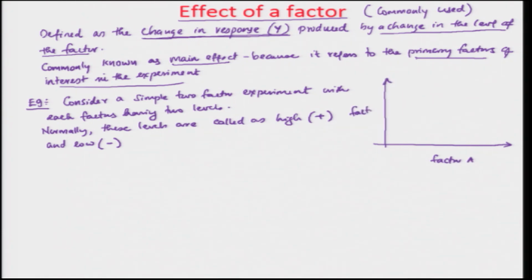This is the low of factor A, and this is the high of factor A. Here is the low of factor B, and here is the high of factor B. So this intersection point is the low of factor A at the low of factor B. This point is the low of factor A and the high of factor B. Similarly, this point is the high of factor A and low of factor B.